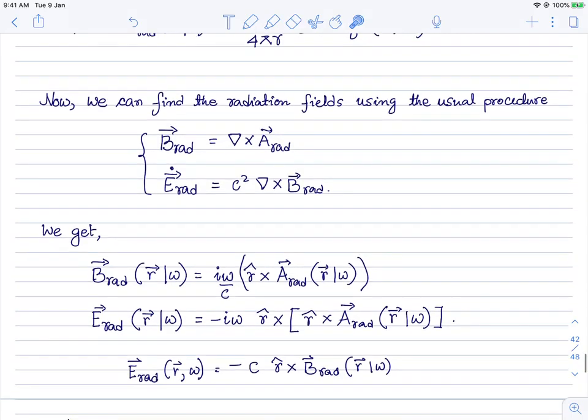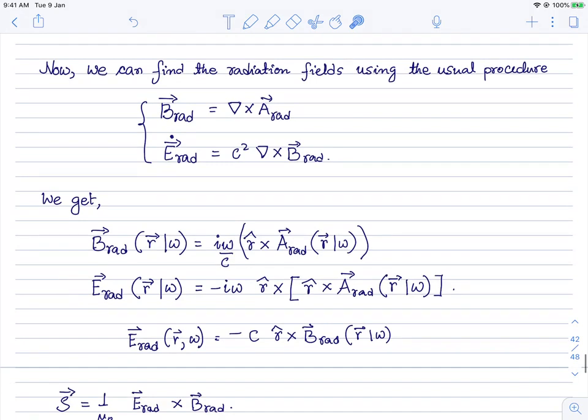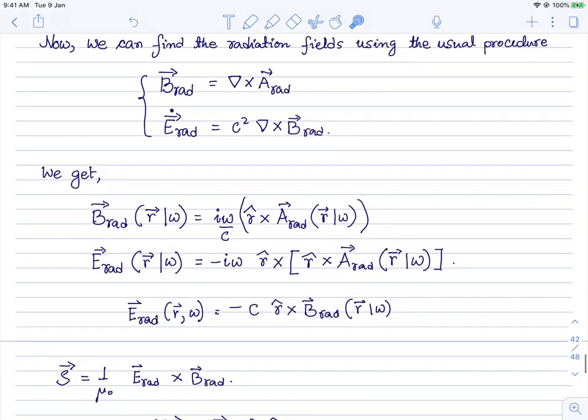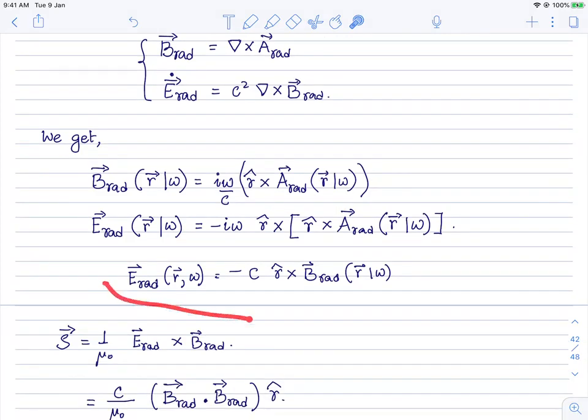I'm throwing them away because I'm considering radiation fields. So this is the form of the radiation fields, the electric field and the magnetic field, in terms of the radiation vector potential.